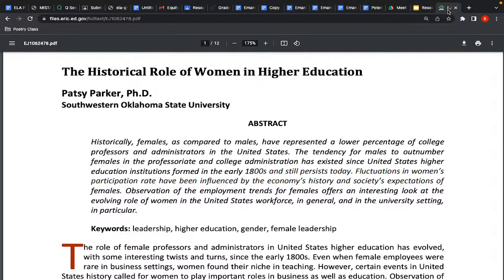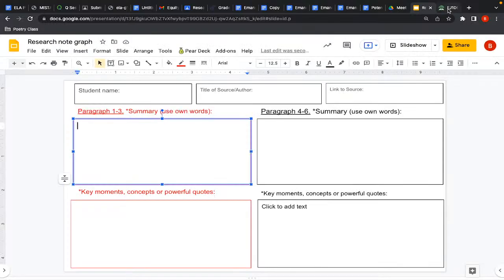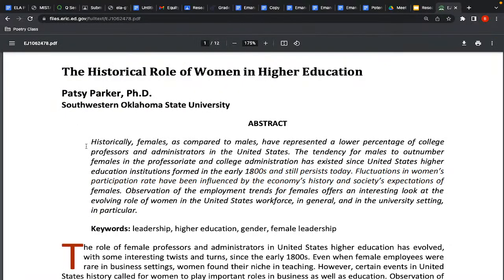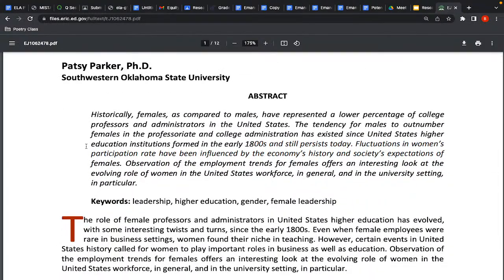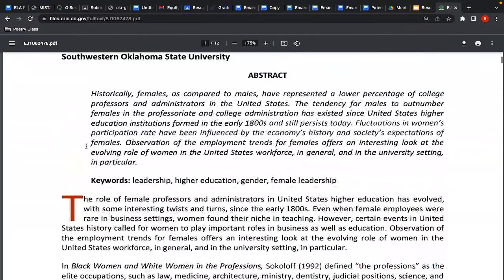But I am going to go through here not only how to put notes into this particular graphic organizer, but also how to take notes to some extent without copying and pasting. We don't want to go through a whole note-taking process in which you're copying and pasting.